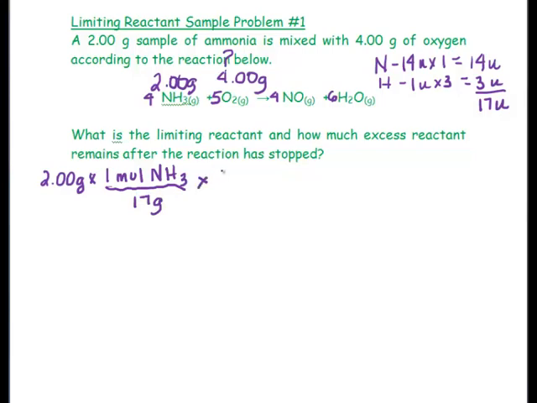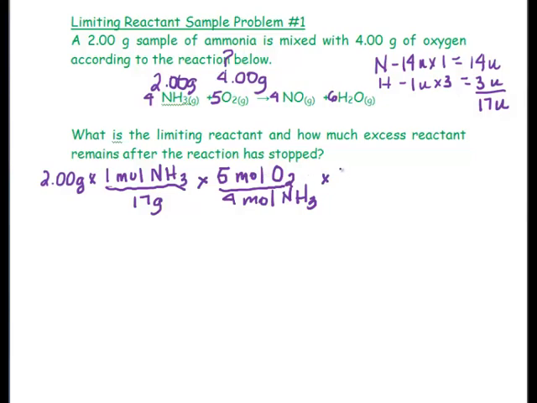I've got 5 moles of oxygen for every 4 moles of ammonia. And all I'm doing here is using the coefficients from the balanced chemical equation. Okay, what that step allows me to do is make the jump, if you will, from ammonia to oxygen.